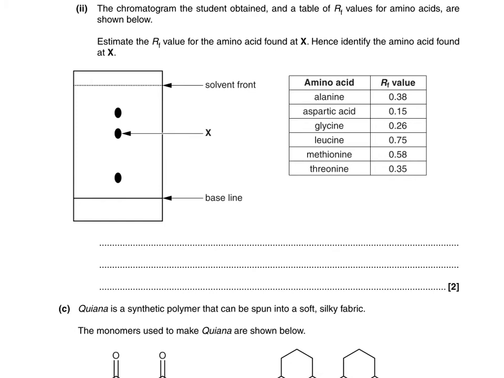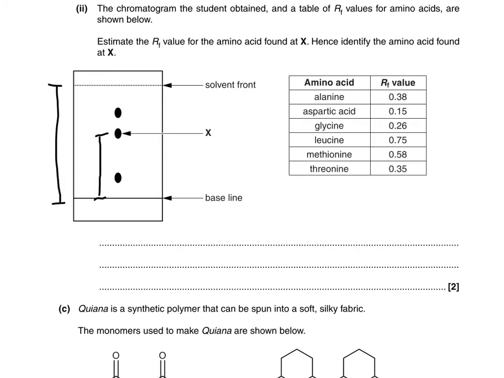So chromatography, we've got a table of RF values and we want to try and work out what X is. You will need to get out a ruler to measure this, and to calculate RF you've got to measure this distance here and this distance here.